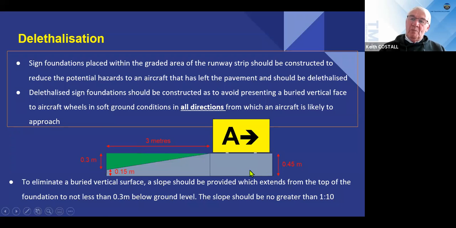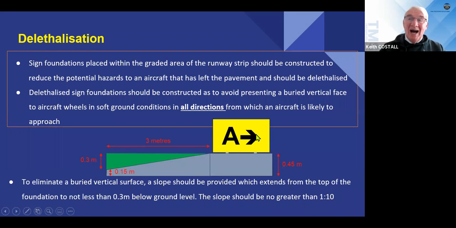Delethalization, I've mentioned that before about the base unit. Now, the base unit, dependent upon the sign itself, will need to be of a specific depth, and on the edge it needs to have a chamfer should an aircraft come off and hit the guidance sign, so that if it hits the guidance sign, the wheels will have dug into the ground because of the weight, etc. of the aircraft, the mass of the aircraft, and therefore we want the base unit also not to damage.